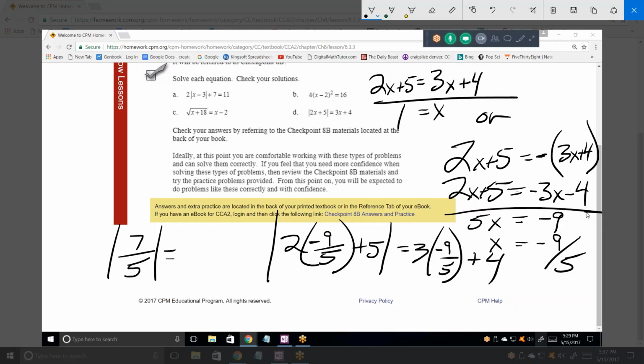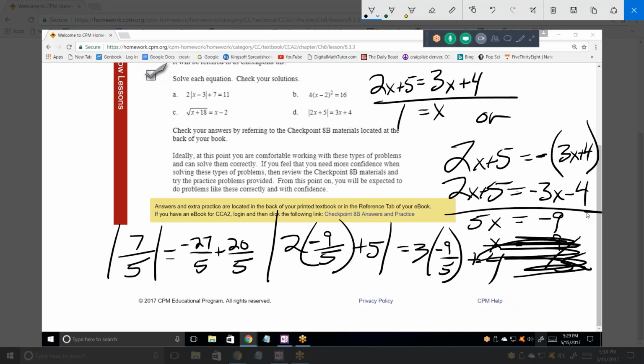Is that, in fact, equal to minus 27/5 plus 20/5? And the answer is no. Because the absolute value of 7/5 is 7/5, not minus 7/5. So this answer is extraneous.